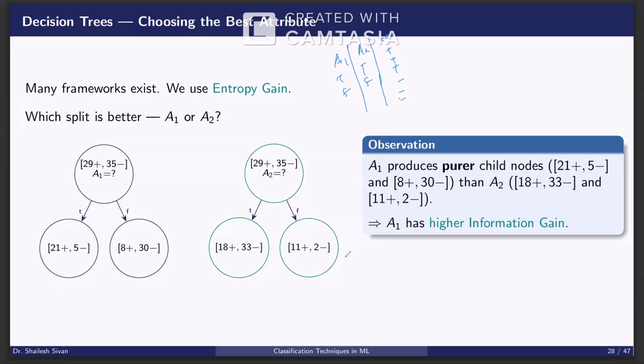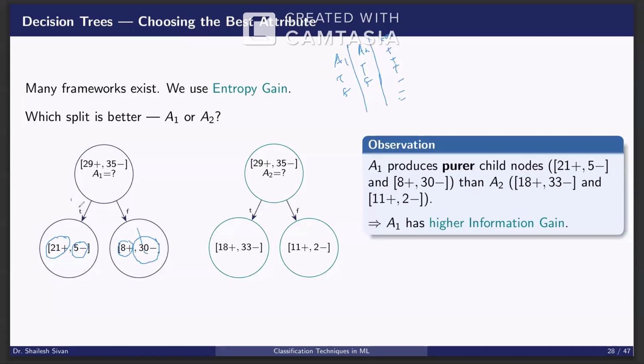Sir, can you explain what you mean by uncertainty here? Yeah, uncertainty is the confusion in the classes. See, if you take A1 as the splitting feature, by taking its true value, the majority of the observations belong to positive, and some belong to negative. And by taking false, the majority belong to the negative class, and only some belong to the positive class.